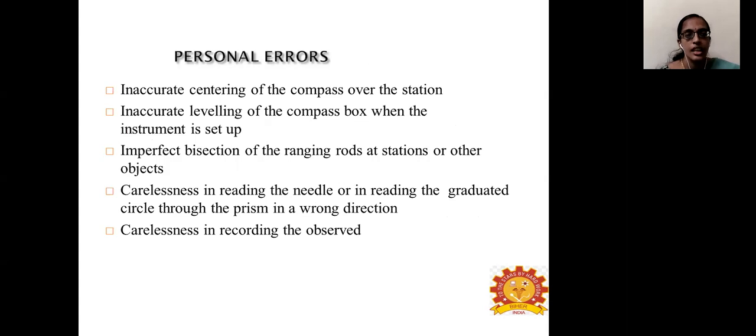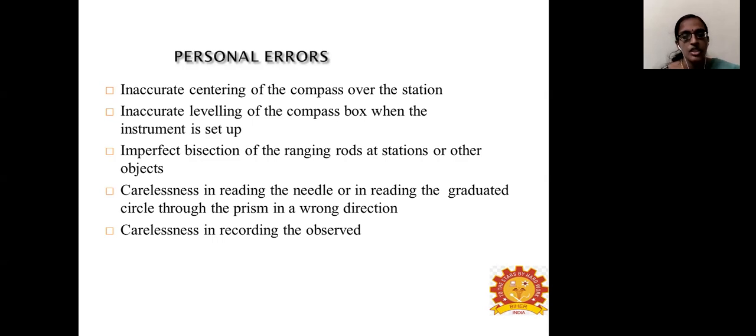Second is personal error. Personal error means inaccuracy. If you are not centering the compass over the station, there may be slight deflection, and there may be inaccurate leveling of the compass box when the instrument is set. Even though you have set the instrument properly, if you have not done the leveling properly, that may result in personal error.